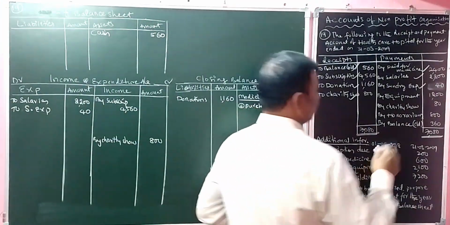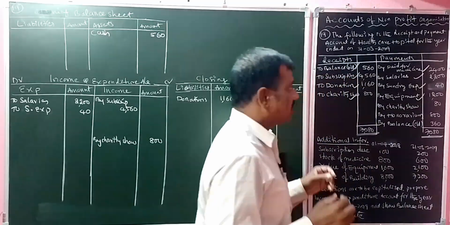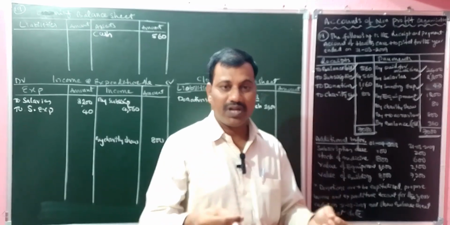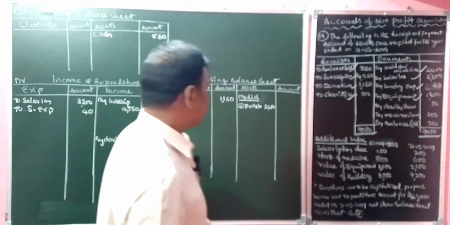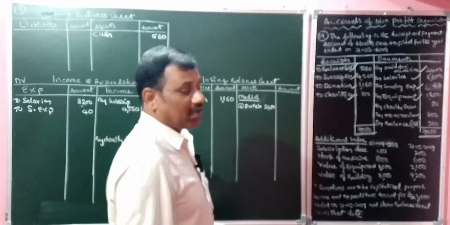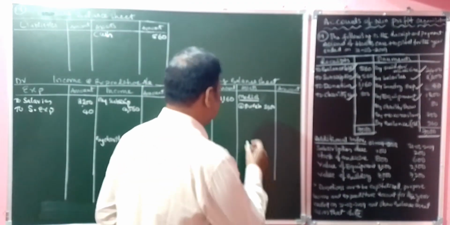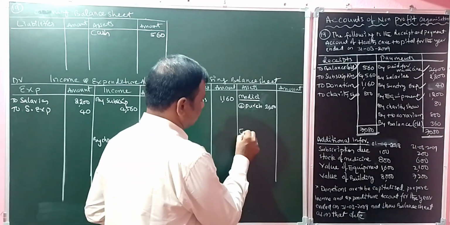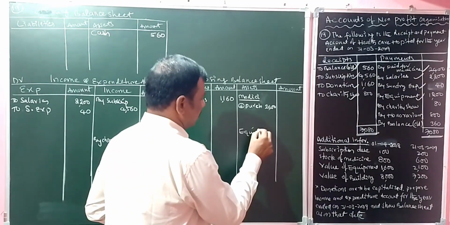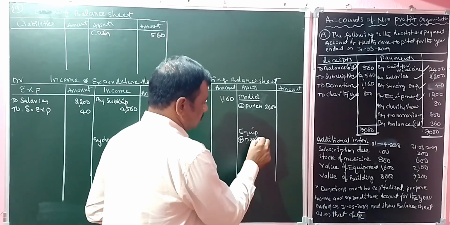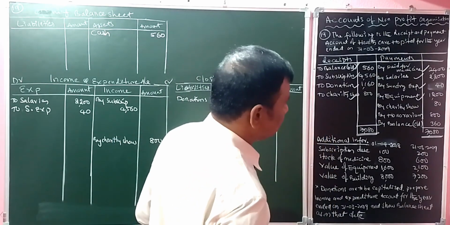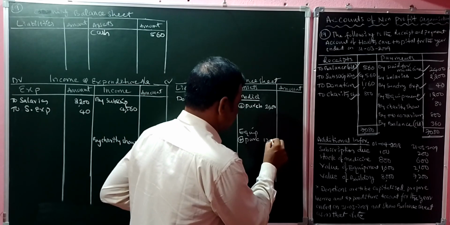Next one is equipment. Equipment given on the payment side means the equipment is purchased, so it is taken on the asset side of the balance sheet. On the closing balance sheet asset side, write equipment plus purchase. The purchase value given is 1200 rupees, in the inner column.